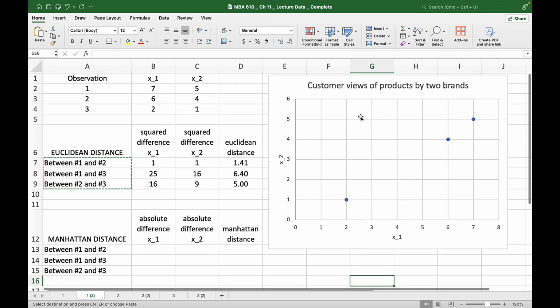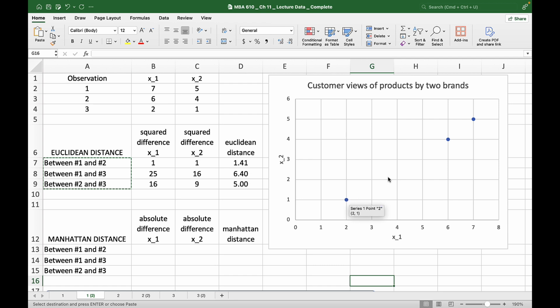So while Euclidean distance calculated the distance between two observations sort of by where the crow flies, by calculating the hypotenuse, c squared equals a squared plus b squared, remember Pythagorean theorem, Manhattan distance, that term comes from walking the streets of New York, where if you want to get from person 1 to person 3, you can't fly like a crow, you've got to walk a certain number of blocks.